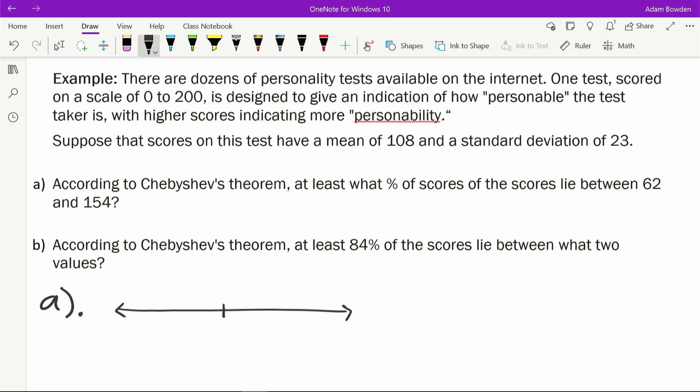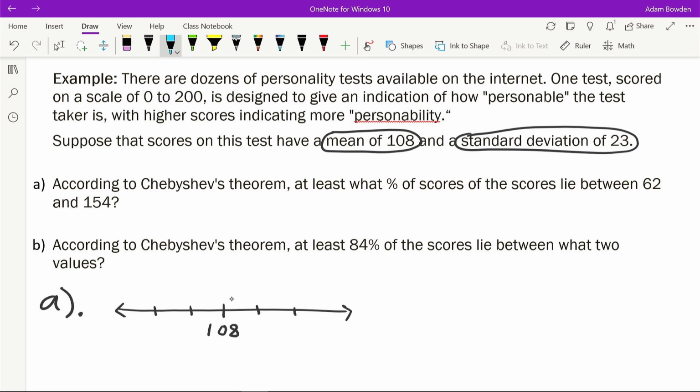All right, so to get started with the first question, what percent of scores lie between 62 and 154? Let's think about our mean and standard deviation here. The mean is 108. And then for the standard deviation, like we did with the bell curve, let's go on either side of the mean, adding and subtracting the standard deviation of 23.